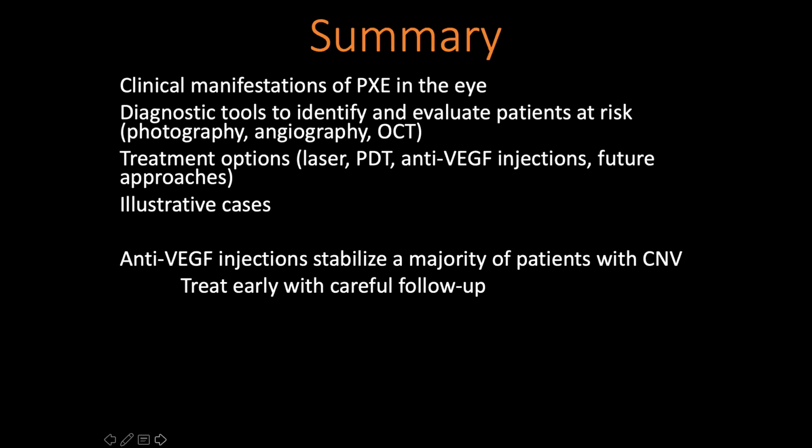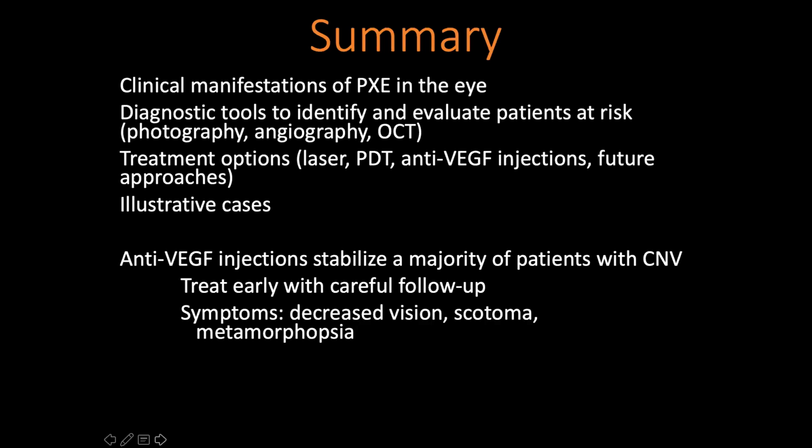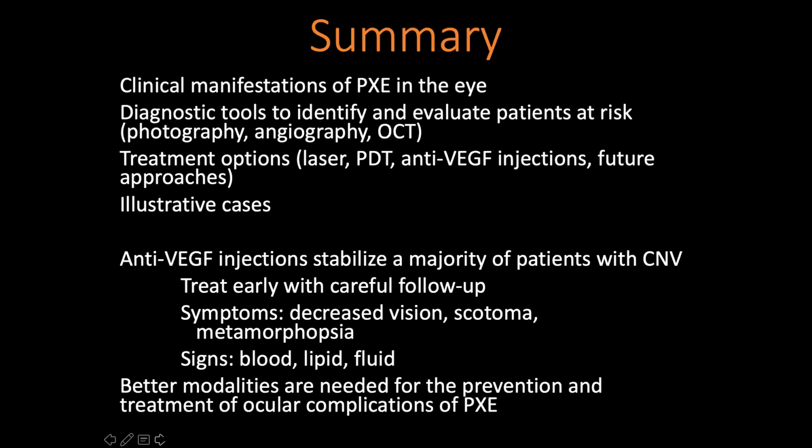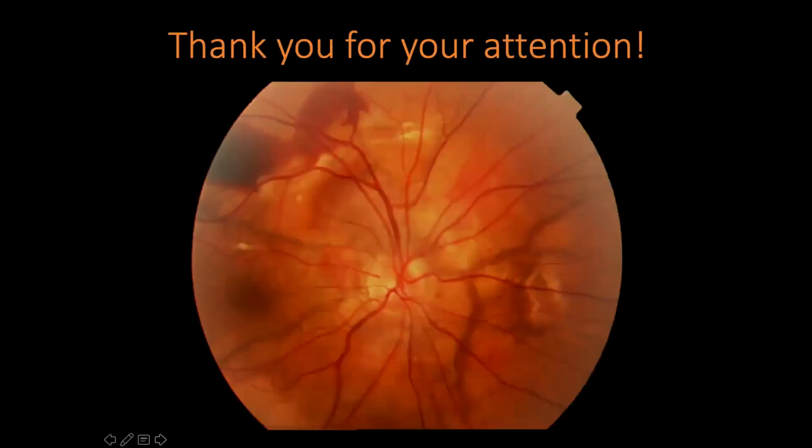Patients should be treated early and have careful follow-up. Patients should be educated to look for symptoms, including decreased vision, blind spots or scotoma, and metamorphopsia or distortion. Doctors look for signs such as blood, lipid, and fluid. And although we have wonderful treatments, we are always looking for better modalities for the prevention and treatment of ocular complications of PXE. Thank you for your attention, and I'm happy to take any questions.